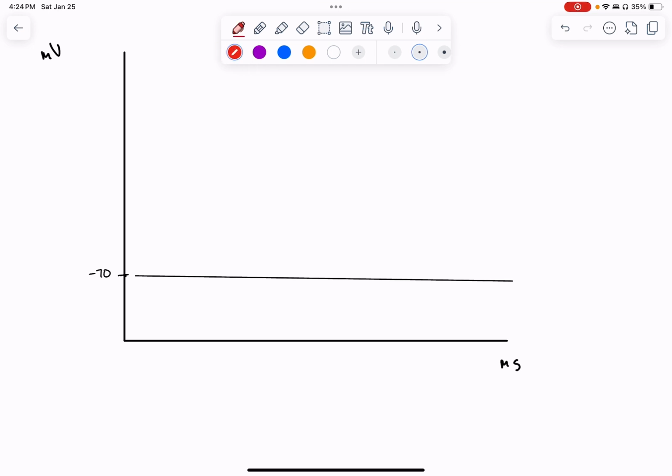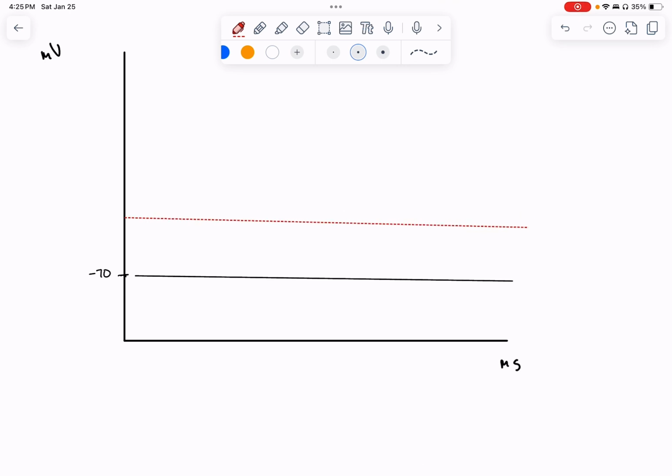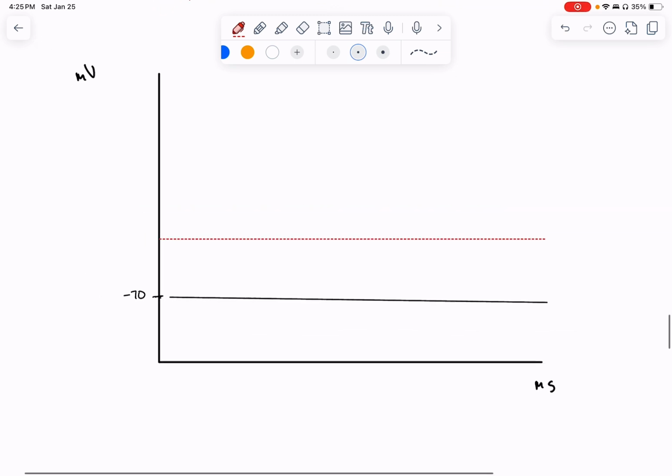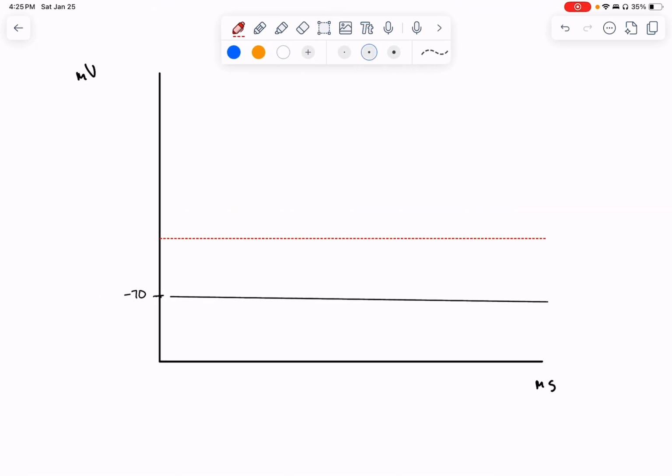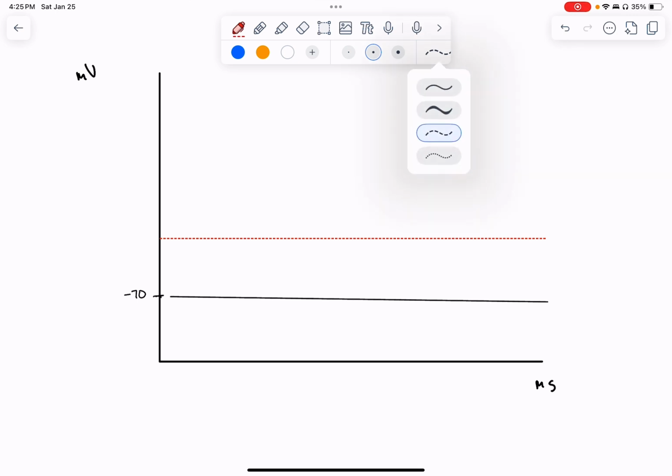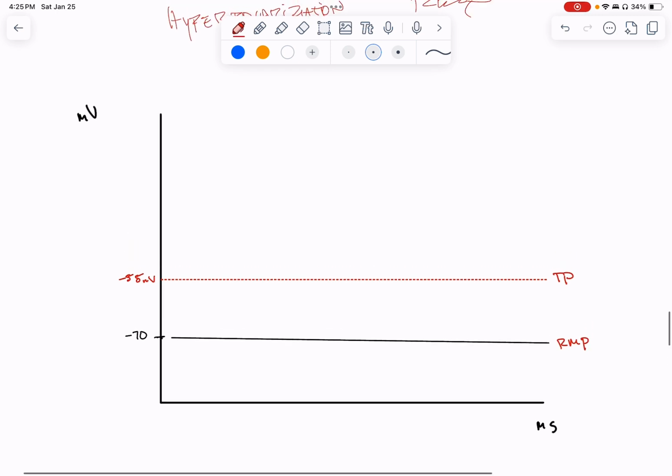Here's our threshold potential. And we'll write a couple numbers out here. This is our threshold potential. This is our resting membrane potential.